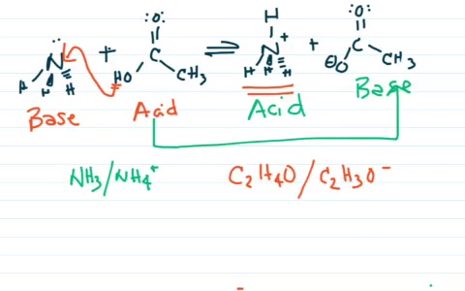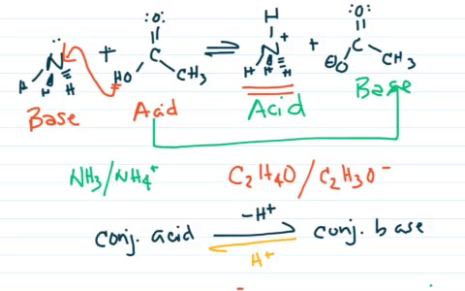So when we go from our acid to our conjugate base, we subtract a hydrogen or a proton. Well, if we go from the base to our conjugate acid, we are adding a hydrogen to the base to form the acid. Let's take a look at some more examples.